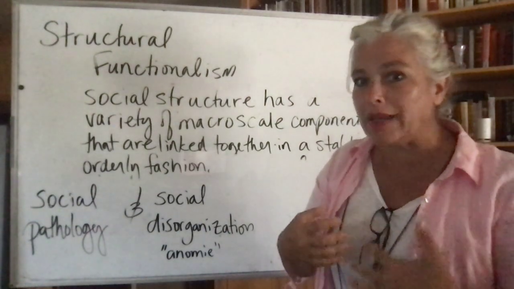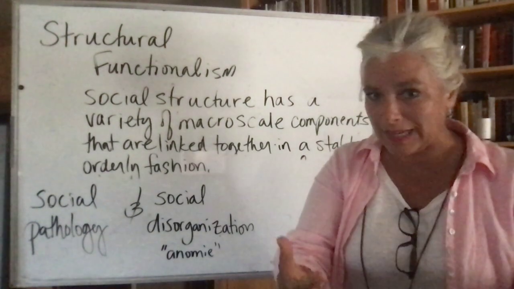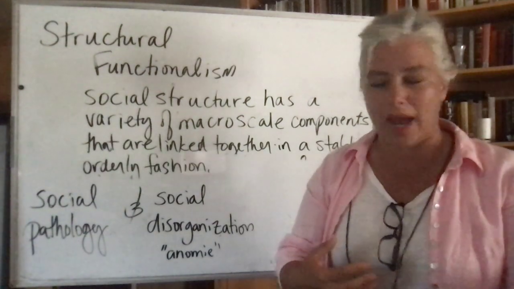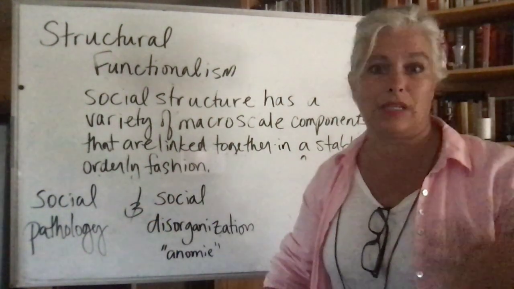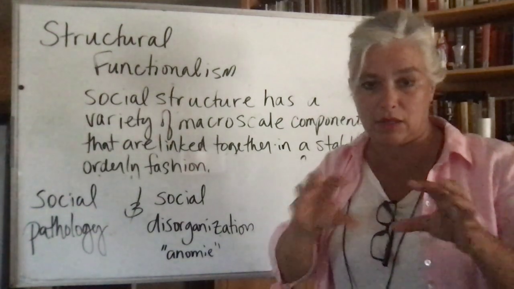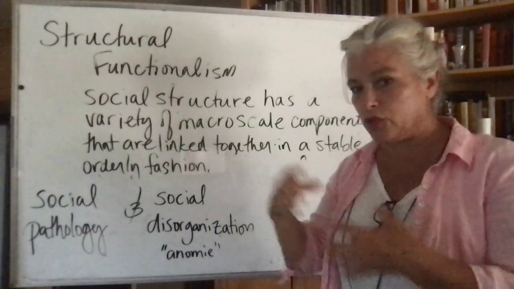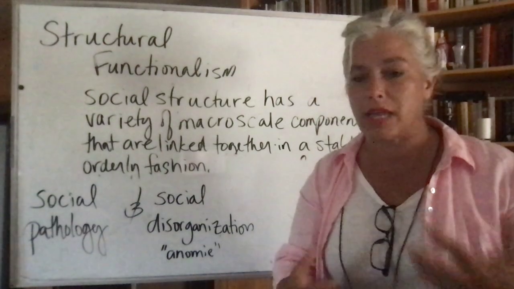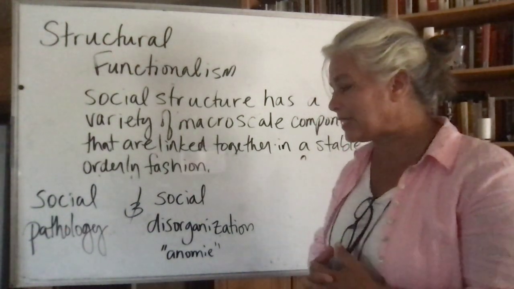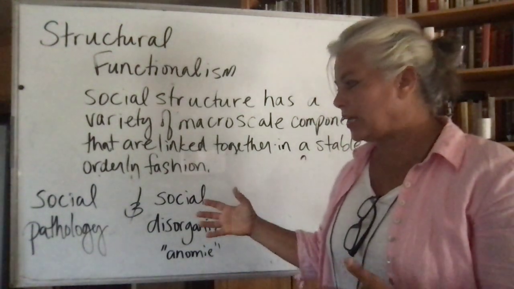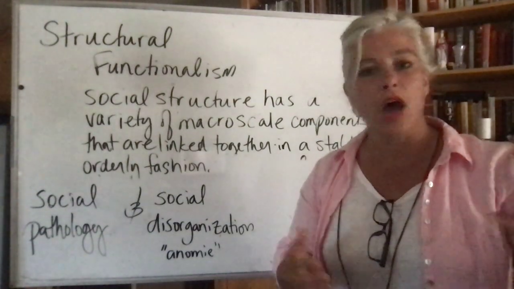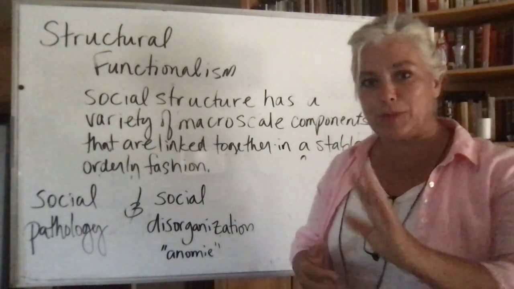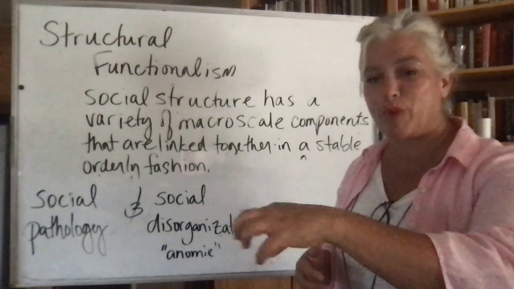So when the human body is not healthy, we call it sick, or maybe it's diseased, right? And so a functionalist will use the word pathology, which is a disease, a sickness kind of field where you're studying causes and cures for diseases. But pathology refers to a sickness in society as a whole, not just this particular person or group of people.